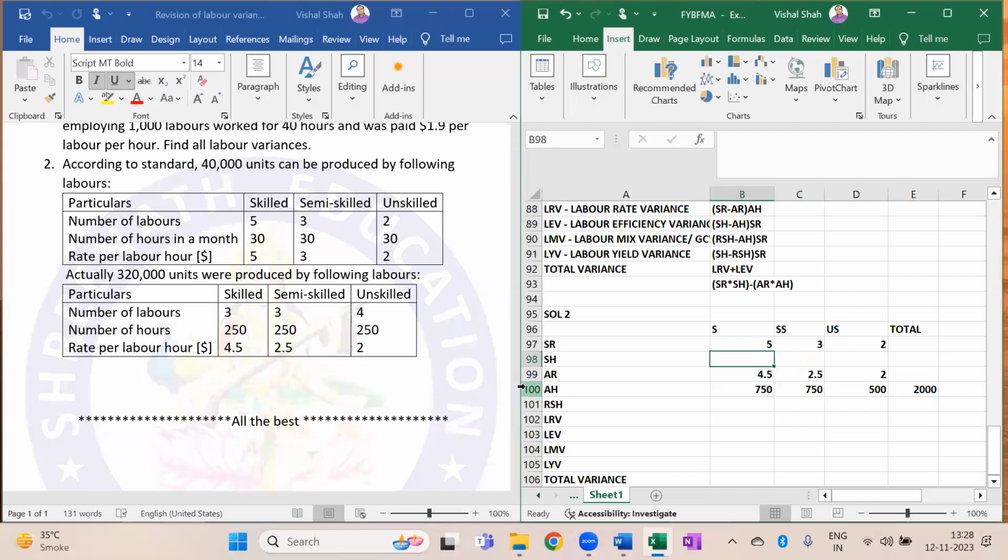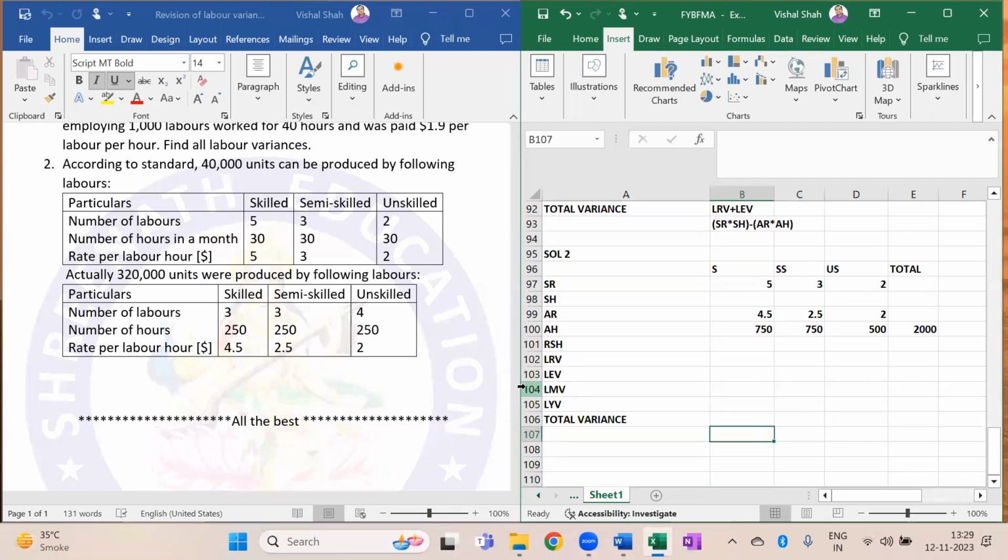Let's find SH. SH is a little challenge. They have given data for standard, for skilled, semi-skilled, unskilled, and output. For making 40,000 units, they require 5 labors into 30 hours.